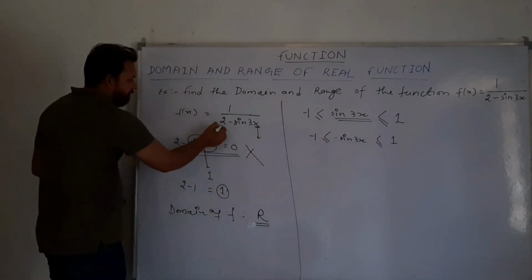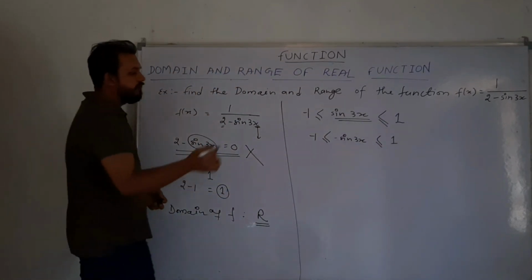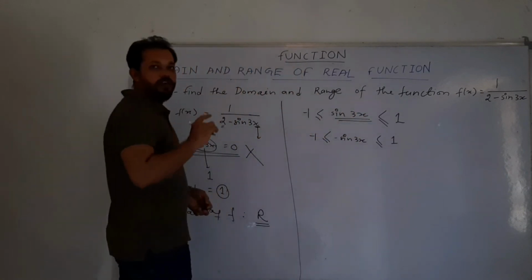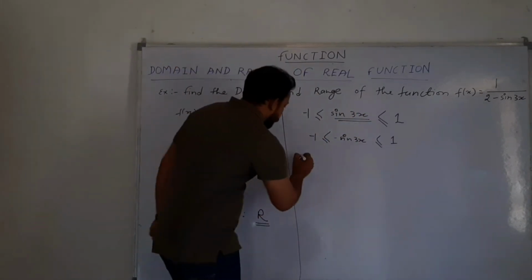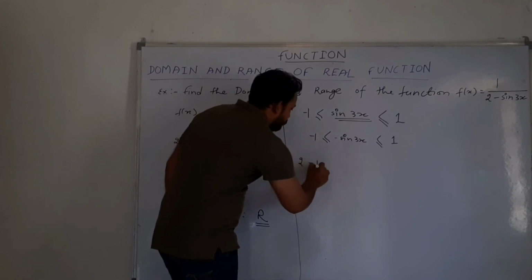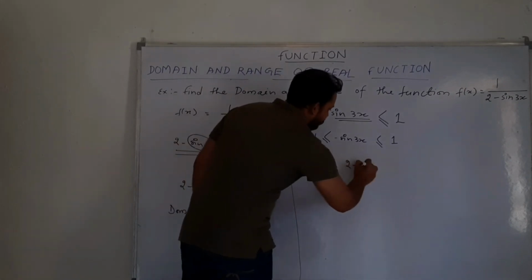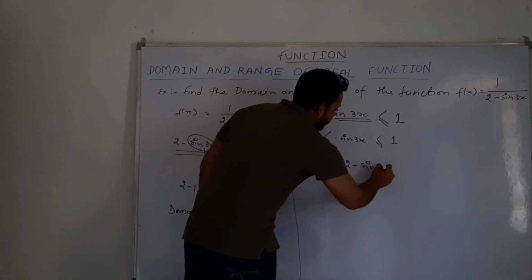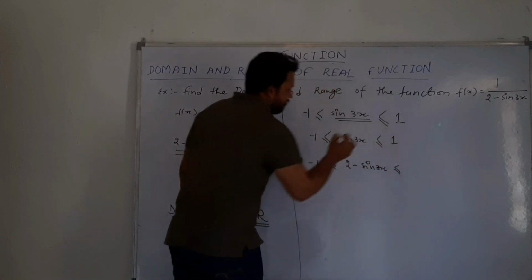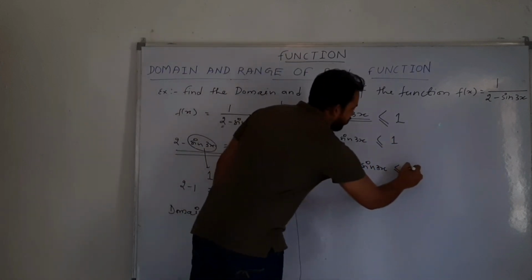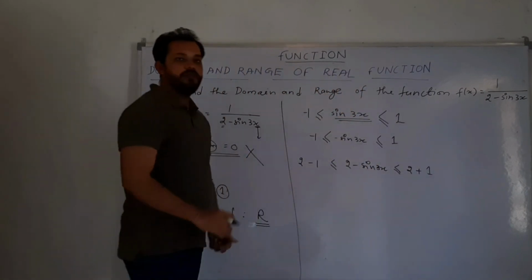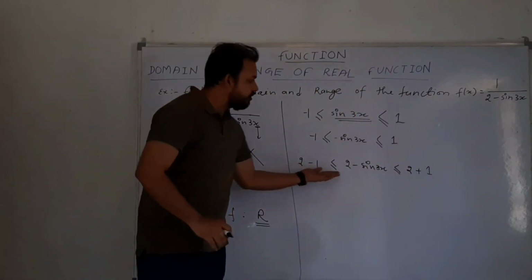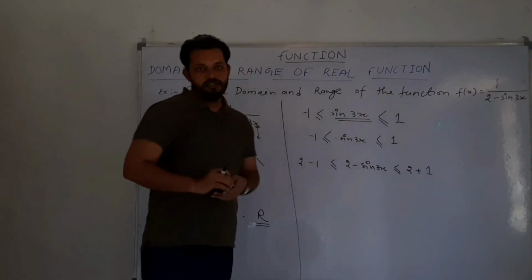Then here we have plus 2. So we will add plus 2 in all the three portions. When we add plus 2 here, we will get 2 minus 1 is less than or equal to 2 minus sin 3x is less than or equal to 2 plus 1. What did we do here? We added 2 in all the three portions.